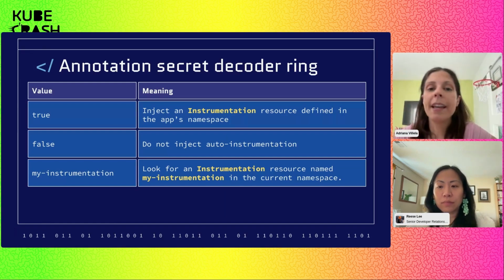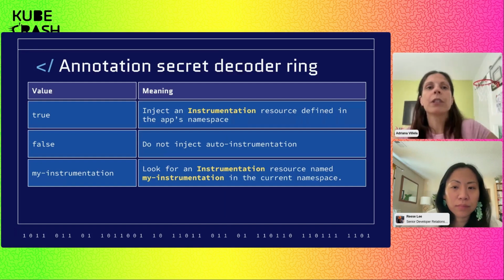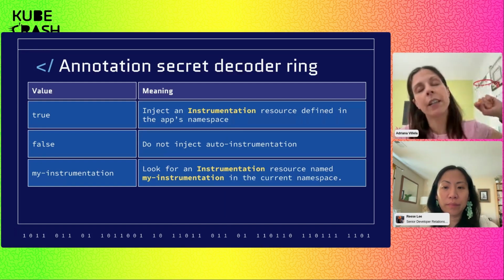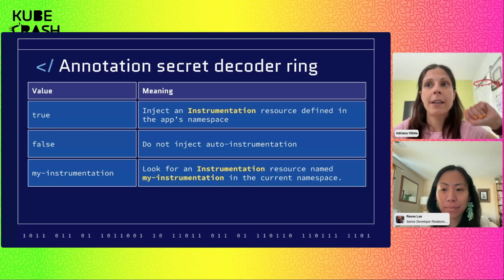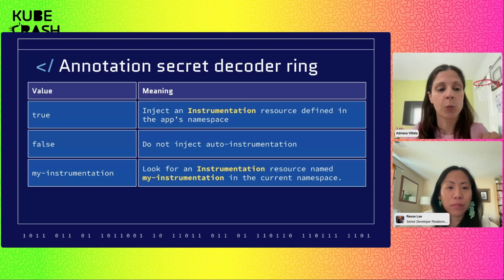Now, this comes in handy, especially because the way that it works is if you set it to true, for example, then the operator will look for an instrumentation resource that is sitting in the same namespace as your deployment. And if you have two separate instrumentation resources in the same namespace, it's going to get confused and won't know which one to pick.